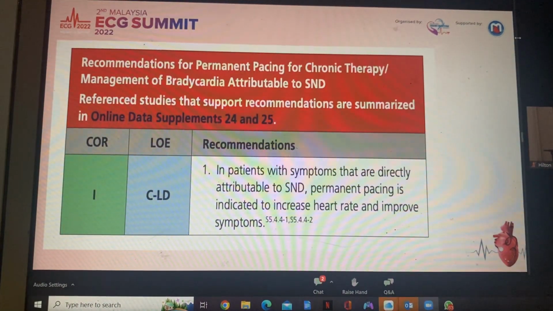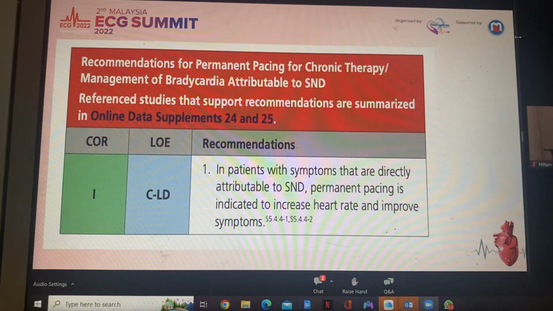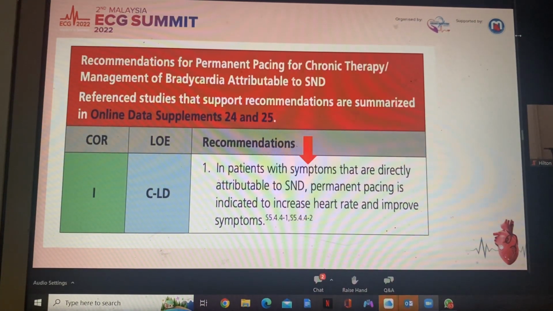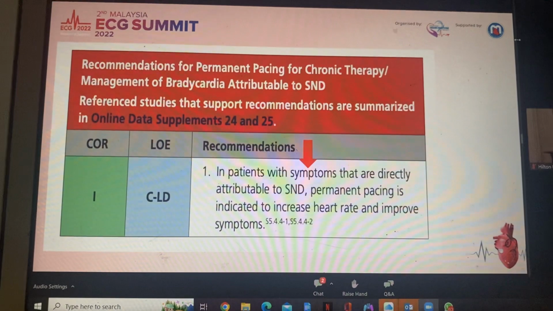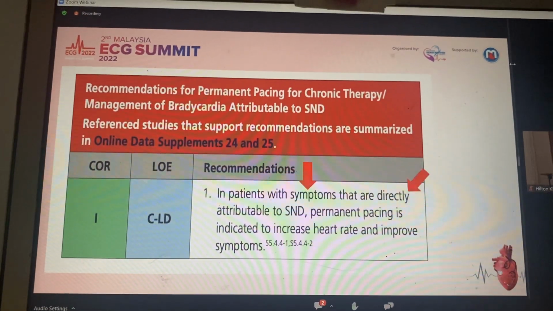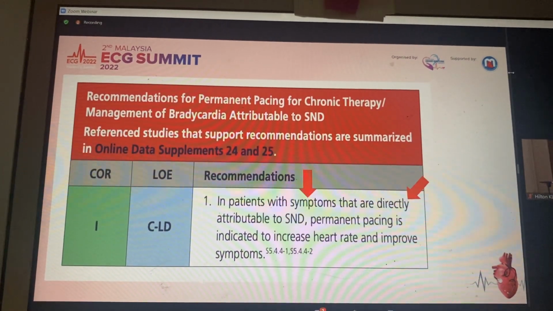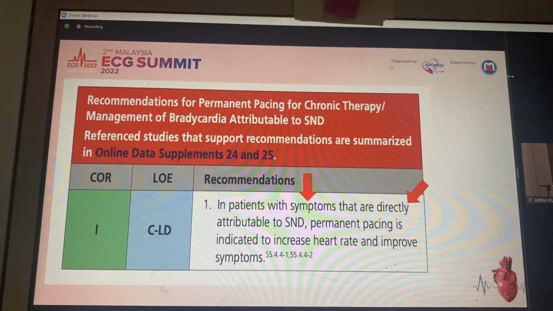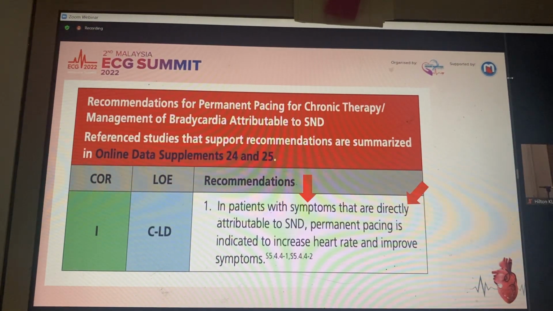Okay. So like I said before, in the sinus node disease patient, the most important thing is symptom. Whether the symptom is attributed or not to the sinus node disease is very important. Because the patient may have dizziness, but it can be due to cervical problems, it can be due to electrolyte imbalance, it can be due to hypoglycemia.